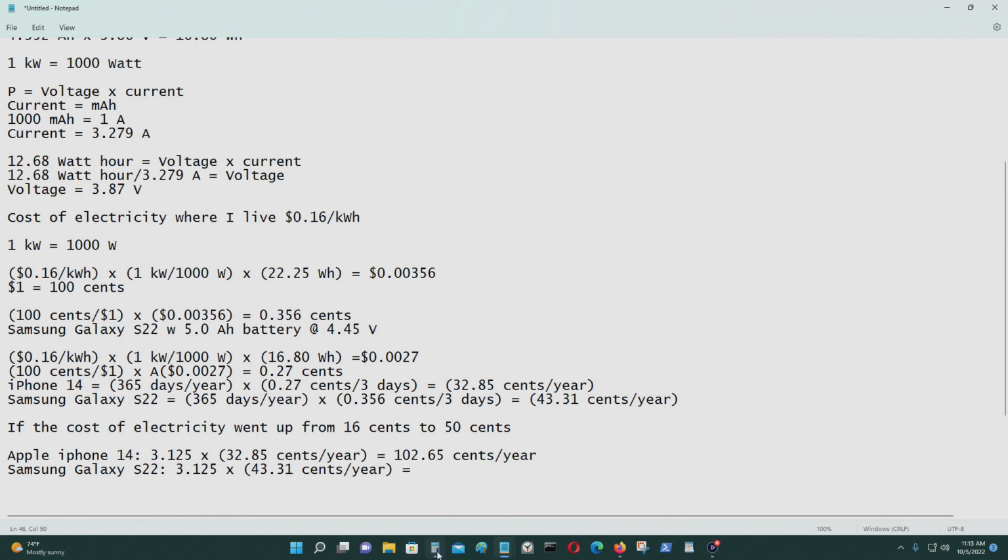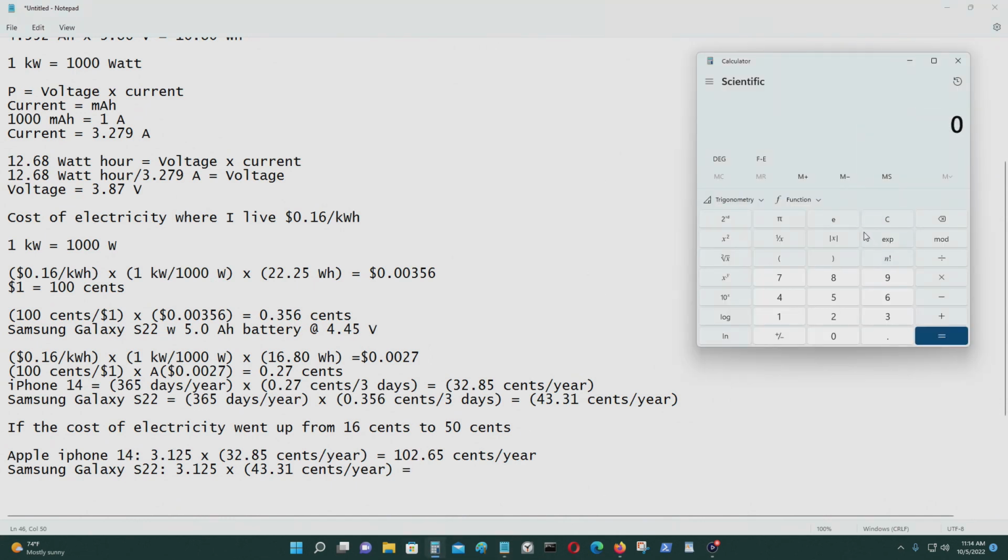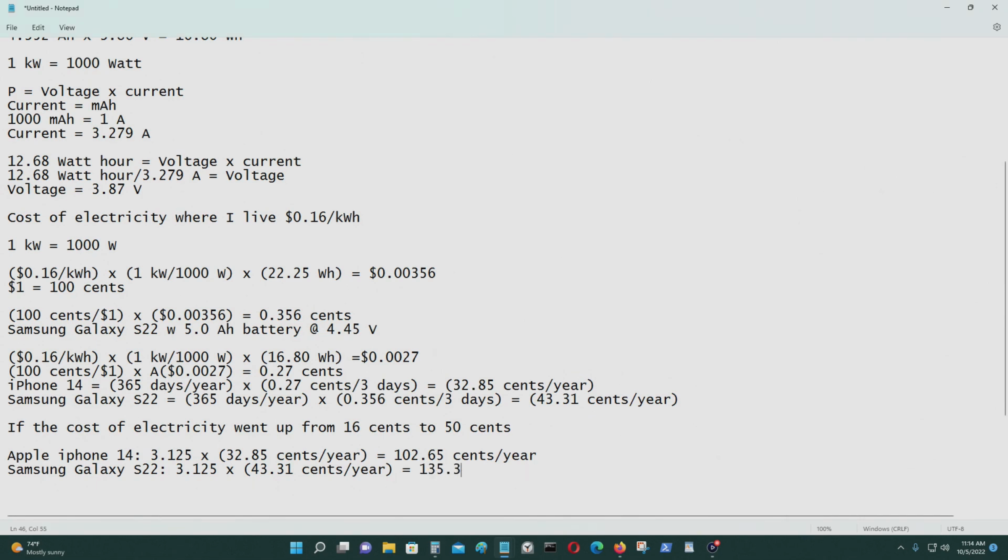For the Samsung Galaxy phone, if it went up to 50 cents, but even if the price of electricity was tripled, and that would be a lot, it would cost you less than $2 to charge your smartphone, which is really nothing.